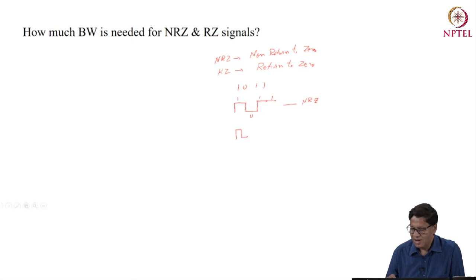And 0 will be like this, and then again for half of the time it is 1 and then 0. So if this is T, this will be T by 2. So this is RZ signaling.